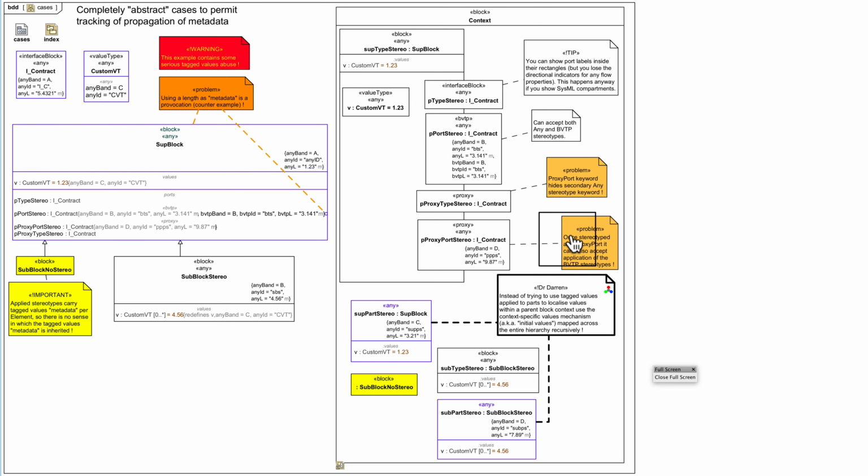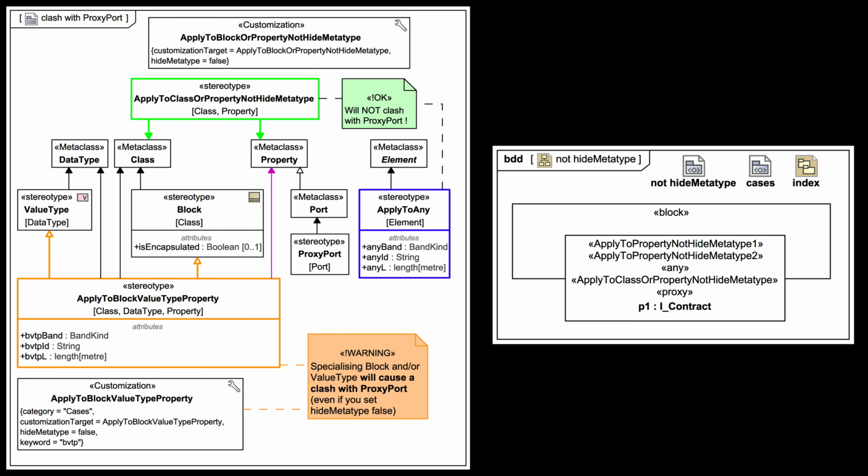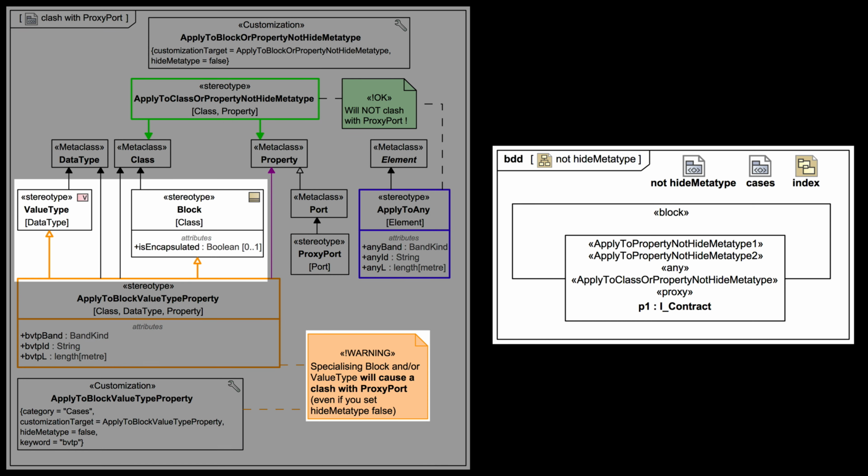So let's think about what that means. If you want to use proxy ports or full ports in your project and you wish to use stereotypes as cross-cutting indicators or to apply metadata as tagged values, you have to be careful that your stereotypes do not clash with proxy port, full port, etc. So it turns out that trying to be tricky by extending block as well as property, or value type as well as property, doesn't work.